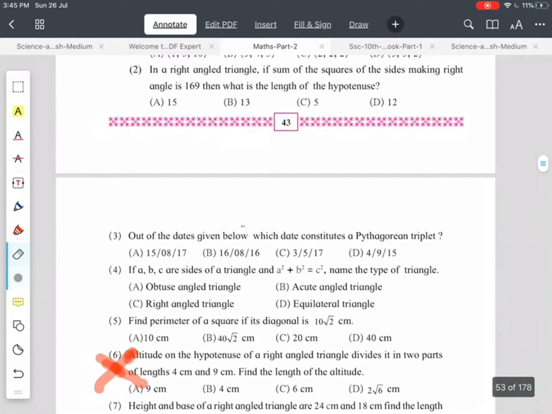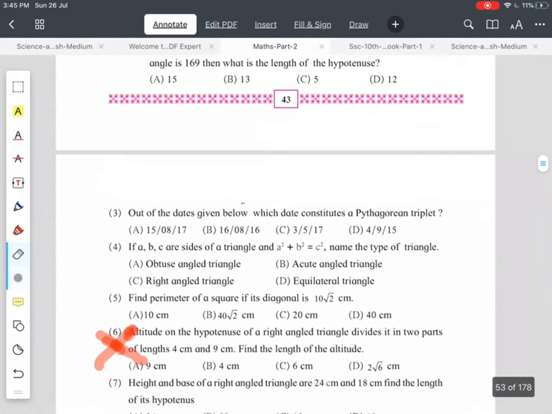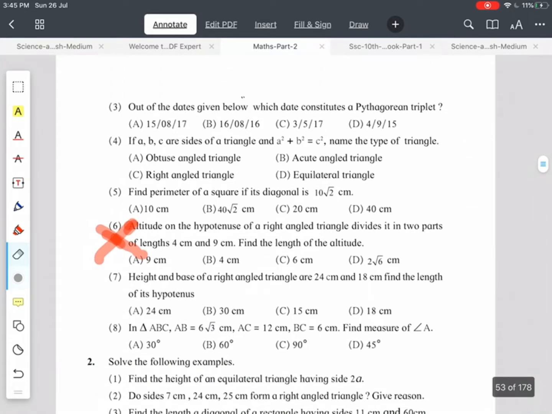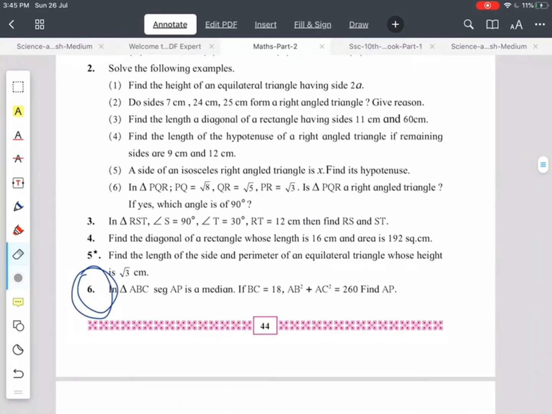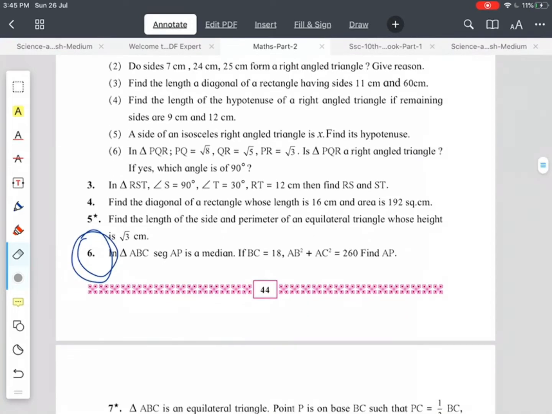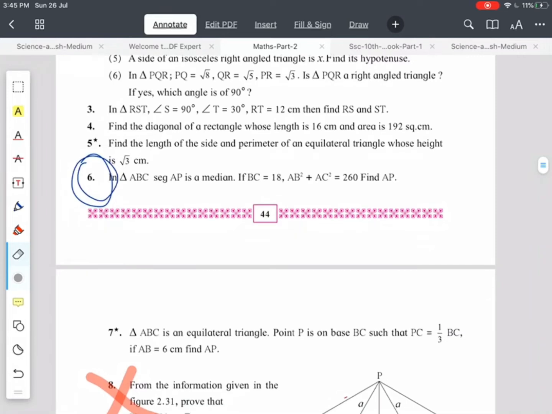Then practice problem set 2, page number 44. The sixth example is actually based on the Apollonius theorem, but it is not mentioned. I feel the sixth is also cancelled, but it is not mentioned.